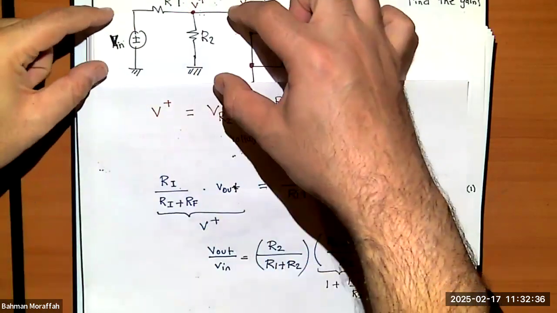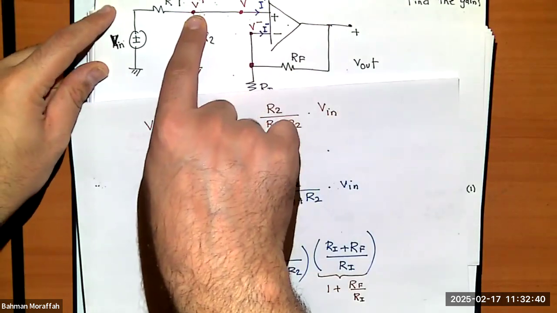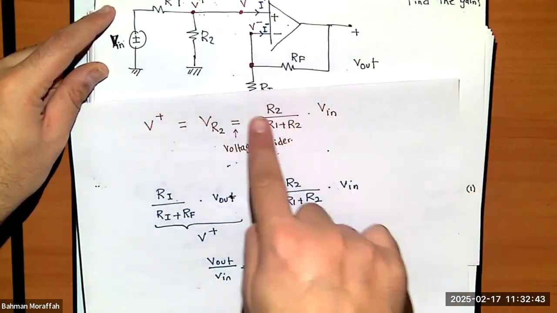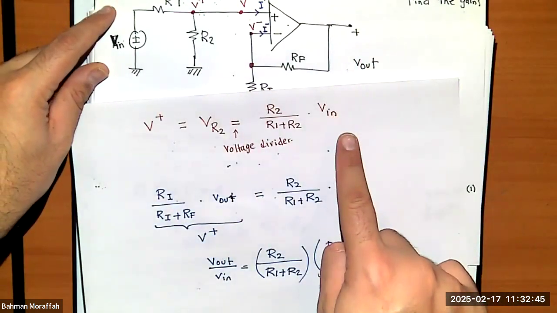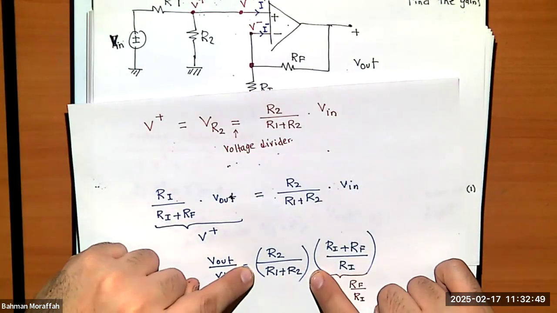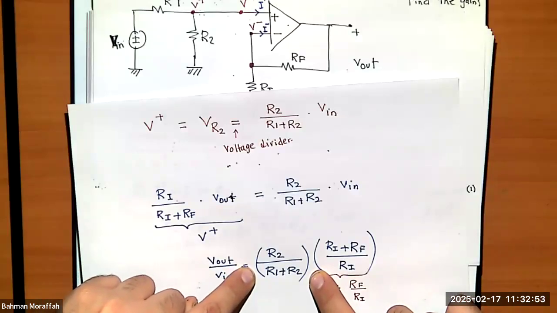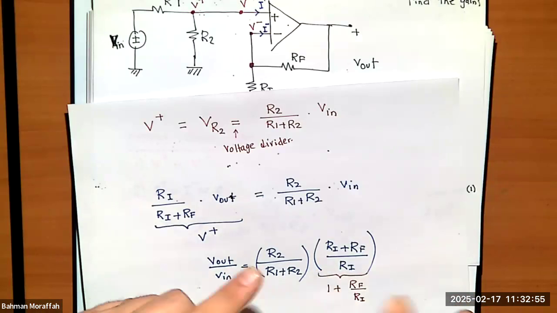But now I hooked it up to another circuit that implies exactly what the input voltage to this non-inverting amplifier is. I have to adjust that value by R2 divided by R1 plus R2. Right? But this is essentially a non-inverting amplifier.